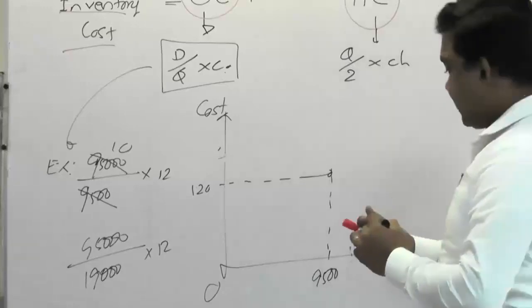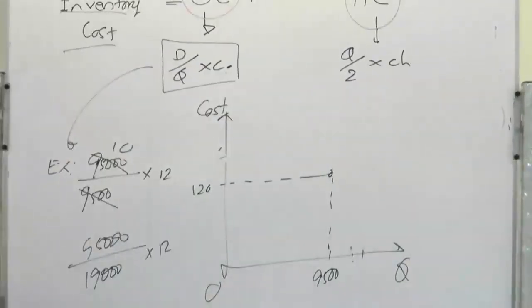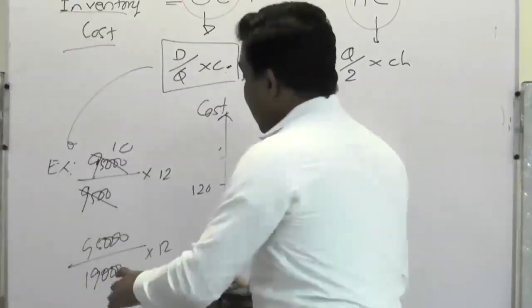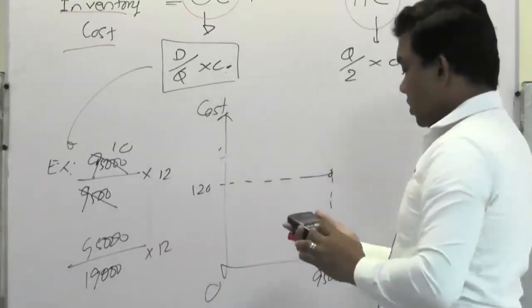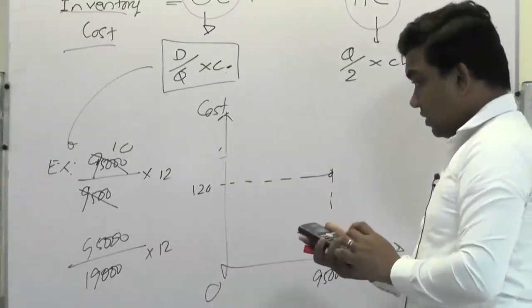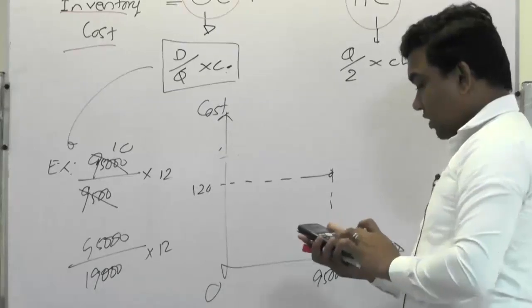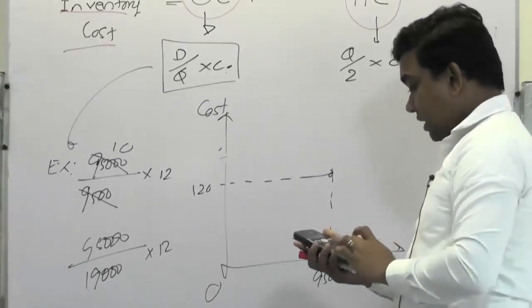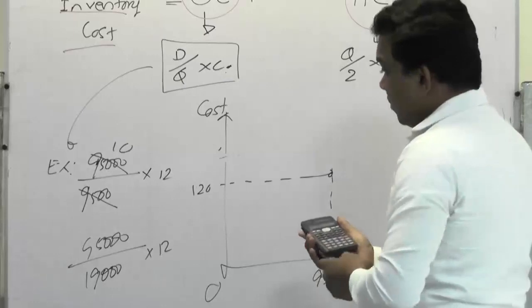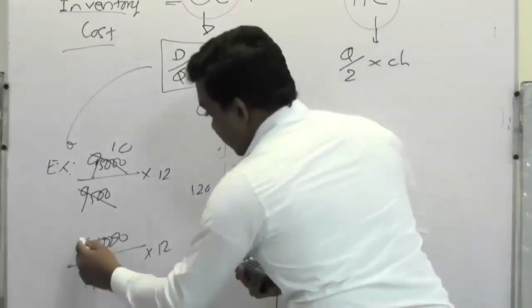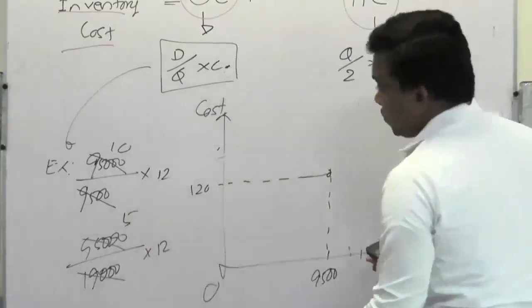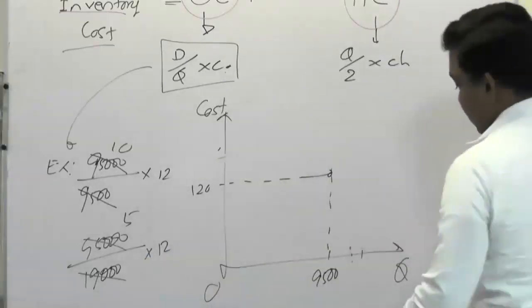When you order 19,000, the number of orders will reduce. Why? At once you will order more. Then your number of orders will be 5. Let's see, 95,000 divided by 19,000, your number of orders will be 5, right? Then 5 into 12, total cost will be 60.